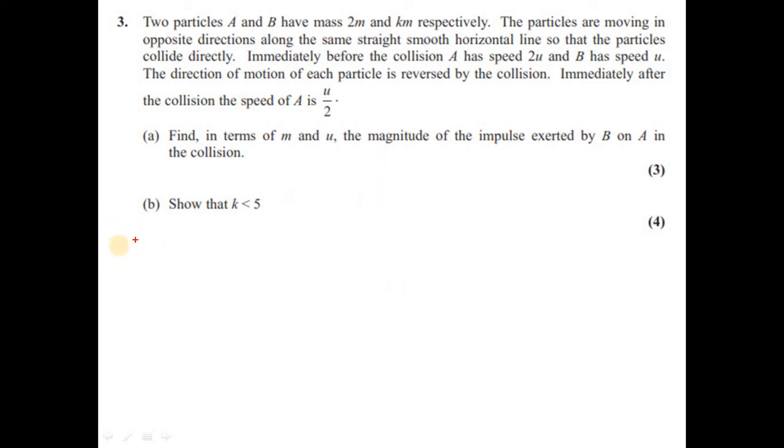So here is the situation. You have particle A of mass 2m moving, let's say, rightward, so its velocity is 2u. And particle B with mass km is moving left with initial speed u. Then they collide, and after collision the motion of each particle is reversed.